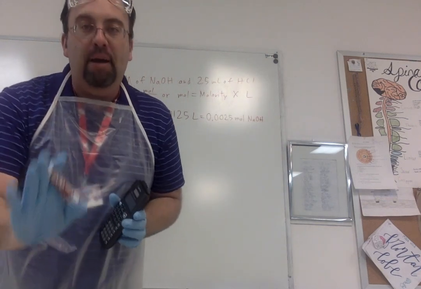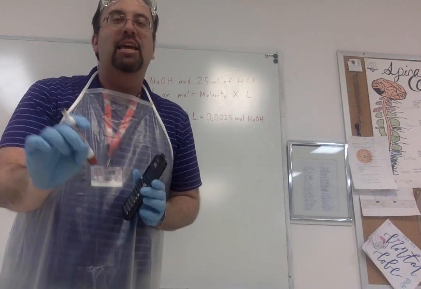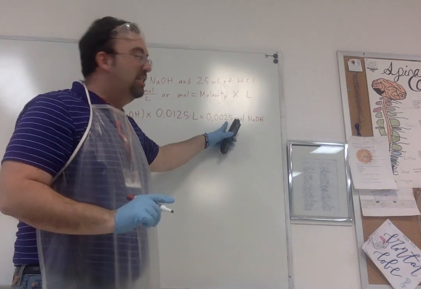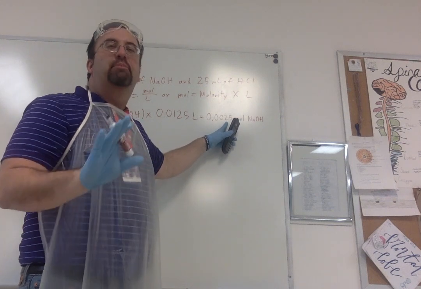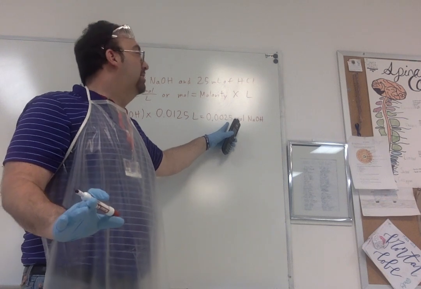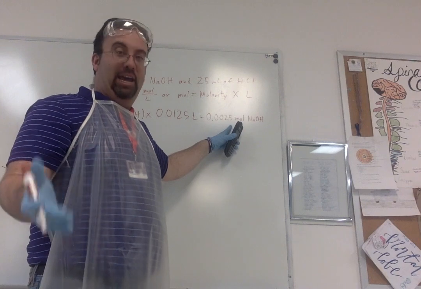All right, remember that at the equivalence point, the moles of the acid equals the moles of the base. And so notice that this amount of base completely neutralized the amount of acid. And so if this is the amount of moles of NaOH, this also tells us the moles of the HCl.